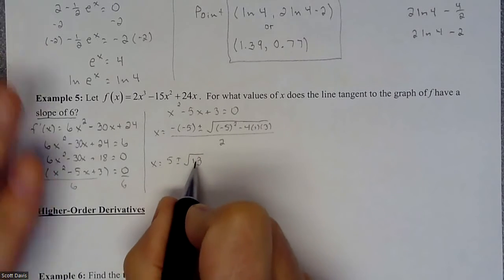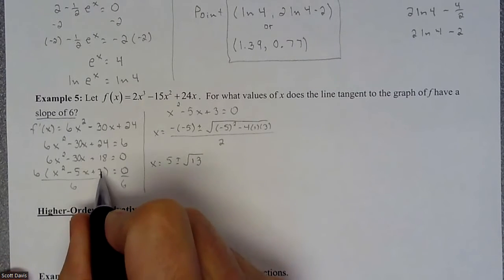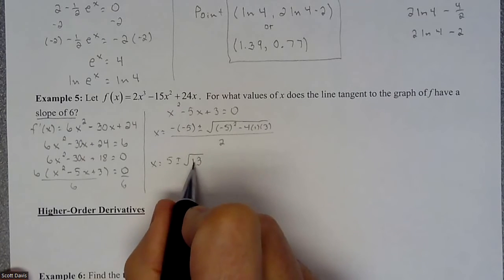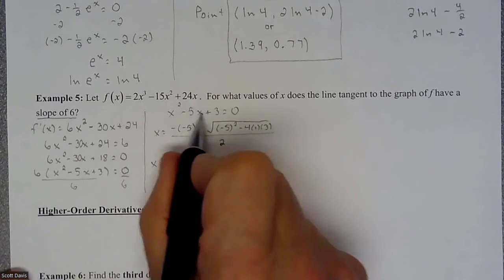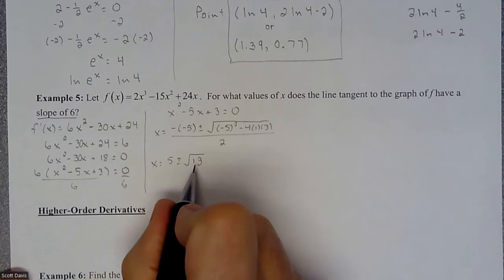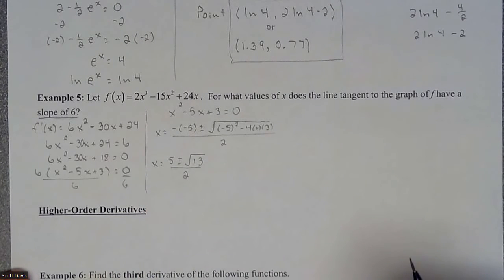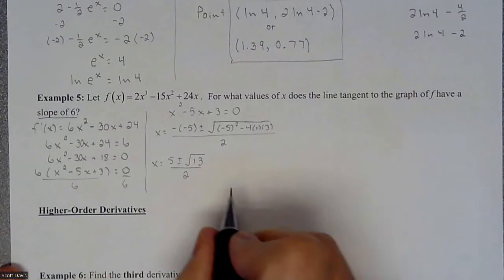And here's a hint that this was not factorable: if that was a perfect square with whole numbers, then that would have been factorable, but we can't take the square root of 13 nicely. So, all right, there's our 2 answers.